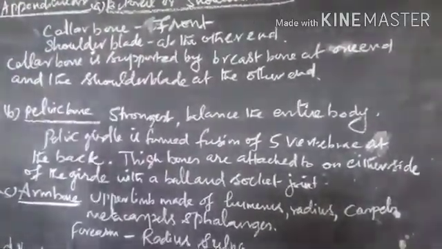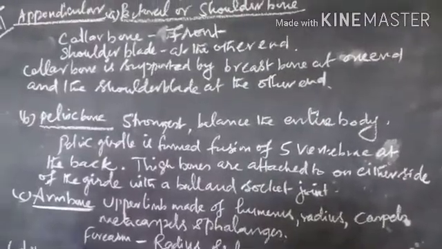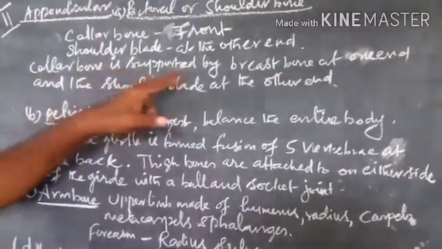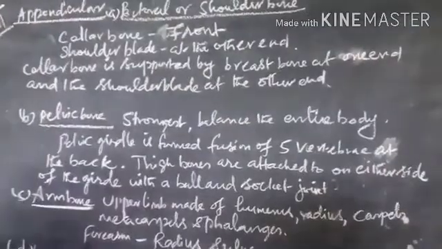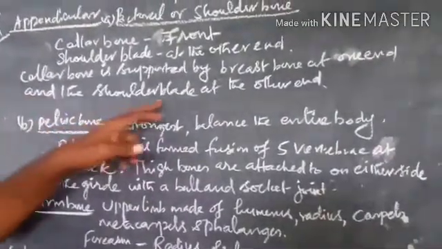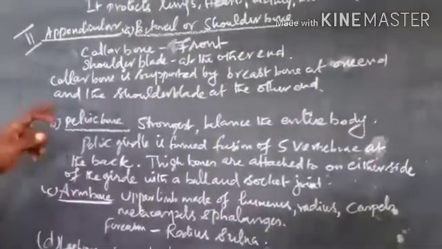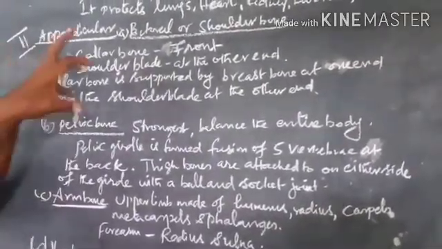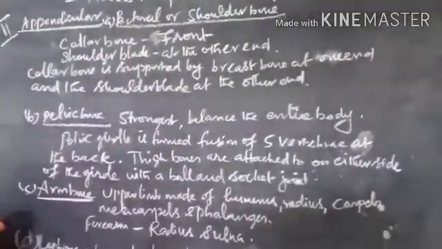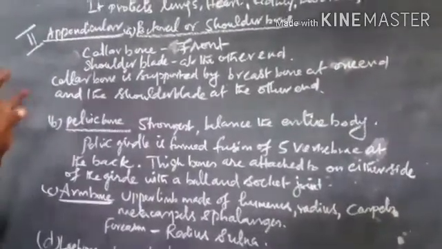This is the shoulder blade. This is called the collar bone. The collar bone is supported by the breastbone at one end and the shoulder blade at the other end. It encloses a socket-like cavity into which fits the ball of the upper arm. So this forms the ball and socket joint.